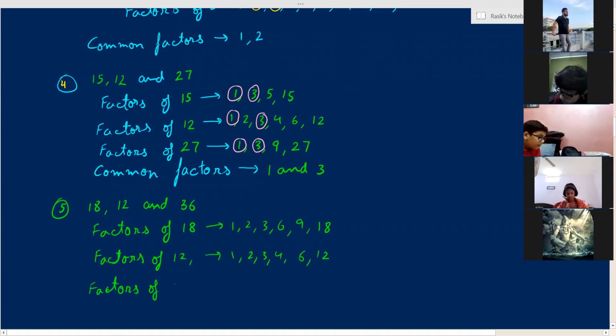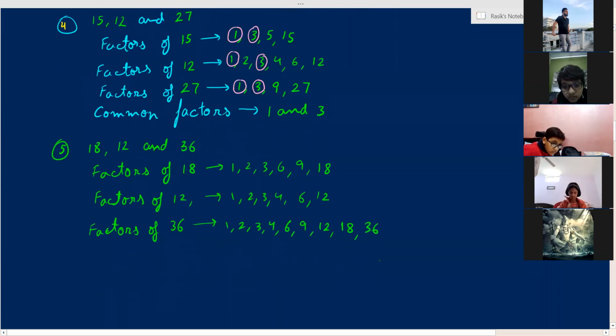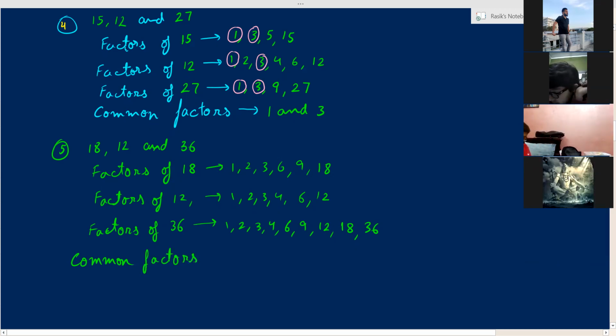Factors of 36: 1, 2, 3, 4, 6, 9, 12, 18, 36. In this question, 1, 2, 3, 6 are common factors. Common factors are 1, 2, 3, 6.